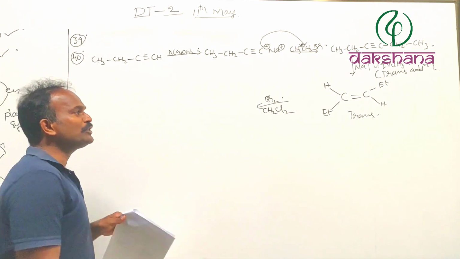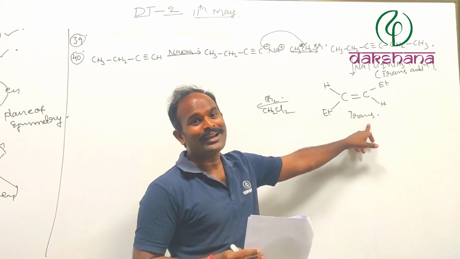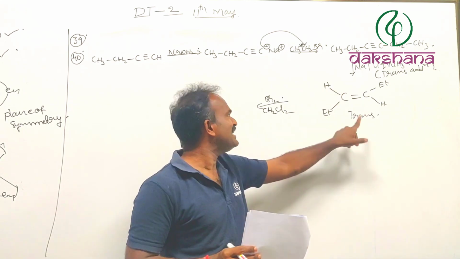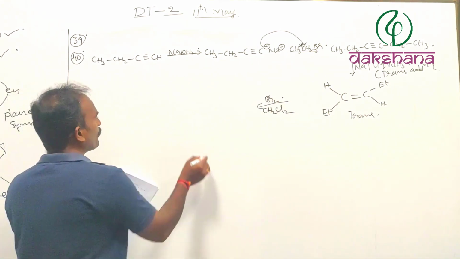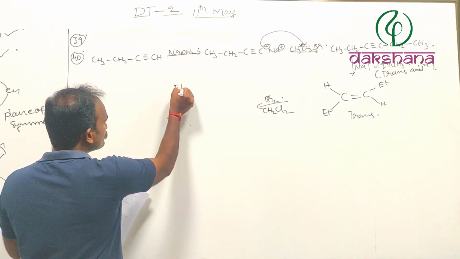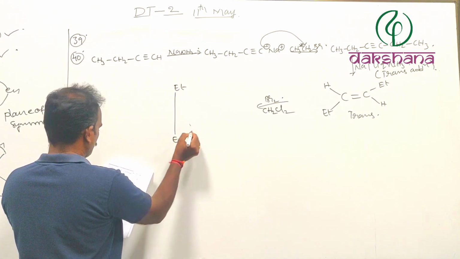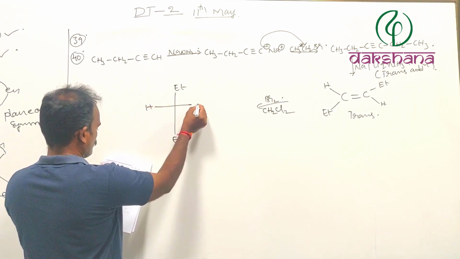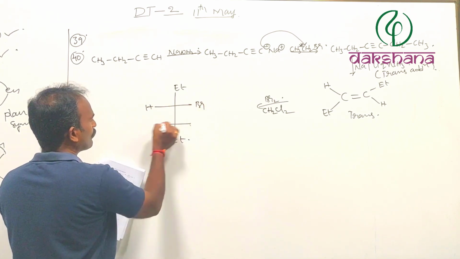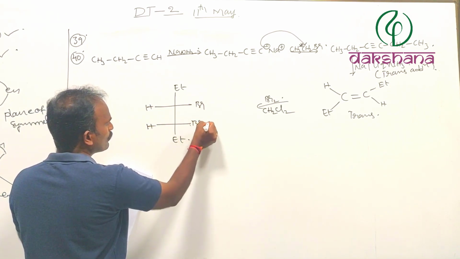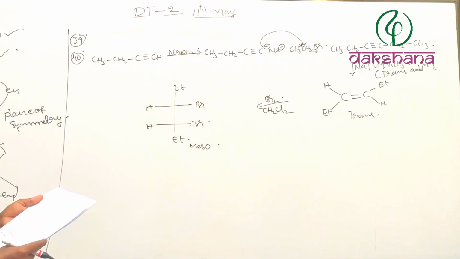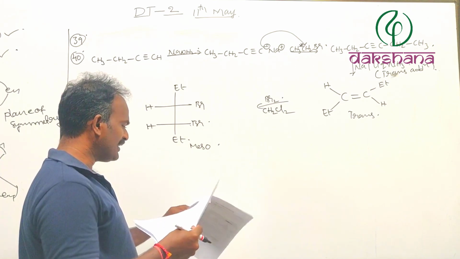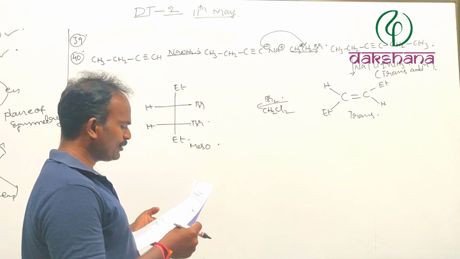Now, it is going to form a trans or anti compound, and that always with bromine gives a meso compound. So the meso compound it will be, which is a meso compound. The option is going to be A.